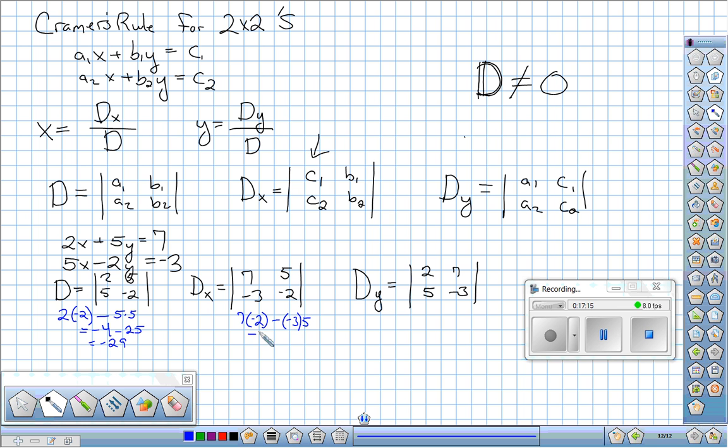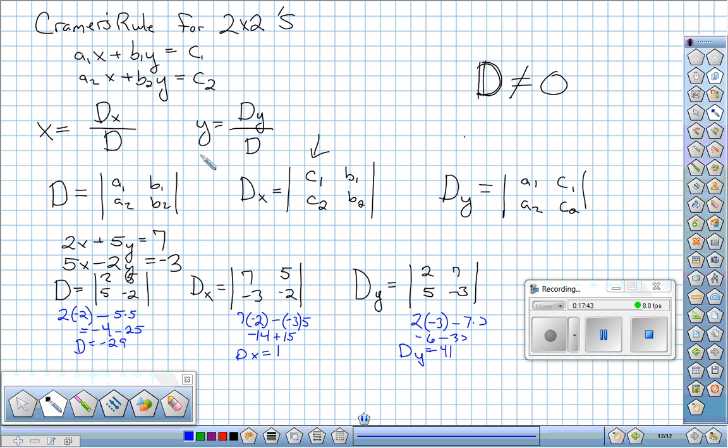That will be negative 14 plus 15, which will be 1. So dx equals 1 and d equals negative 29. My dy would be 2 times negative 3 minus 7 times 5. That's negative 6 minus 35, which is negative 41.